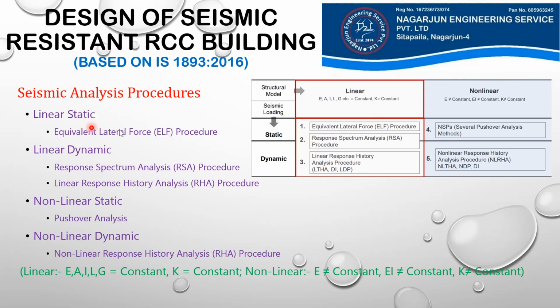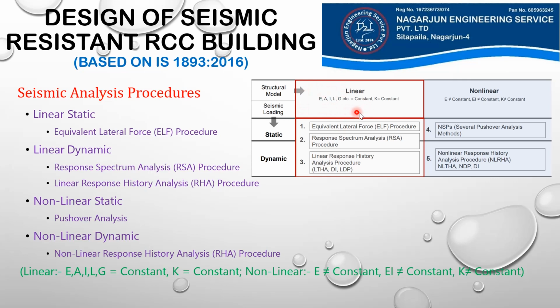Linear static. So what does it mean for a structural model to be linear? You can see here E, A, I, L, G all are constant, K equals constant. E is the modulus of elasticity, A the area of cross section, I the moment of inertia, L the length. The elastic modulus is the material property, and the cross sectional area, length, and moment of inertia are the geometrical properties.